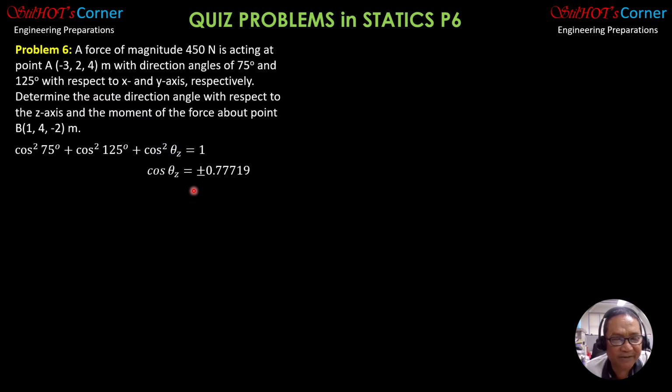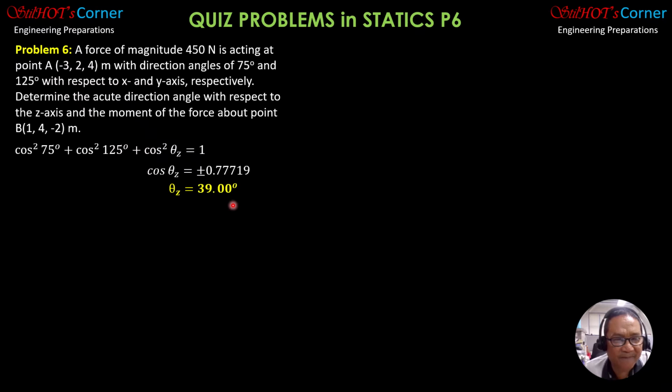We drop the negative value because it gives an obtuse angle, and it is stated here that we should compute the acute direction angle. So inverse cosine of 0.77719, theta z equals 39.00 degrees.